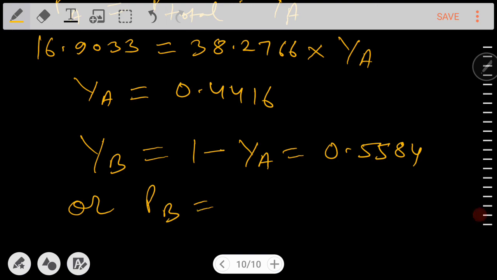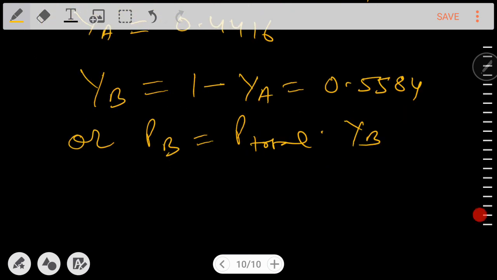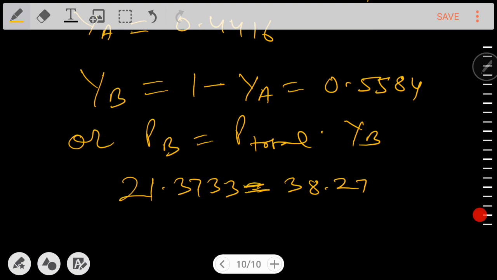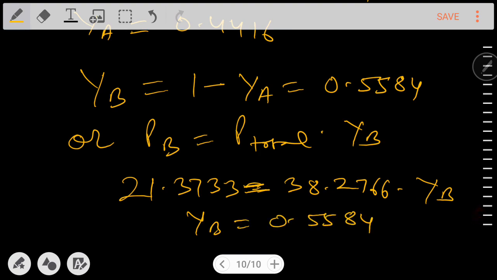PB is equal to P total into YB, where PB we take 21.3733 and P total we take 38.2766, into YB. Here also you will get the same value of YB, that is 0.5584. So these are the mole fractions of A and B components in the vapor phase.